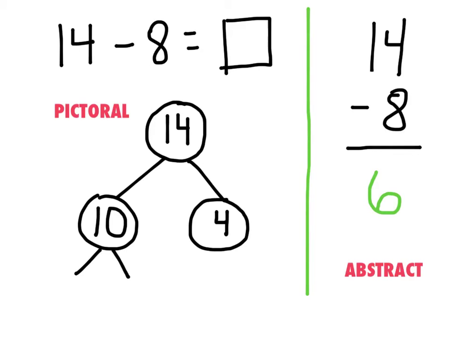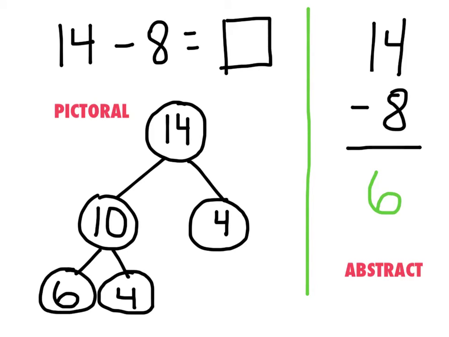How can we then come up with 8? 4 and 4 is 8, and the 6 and 4 make the 10. What we're now able to do is take away 4, take away 4. We've now subtracted 8, leaving us with the difference of 6.